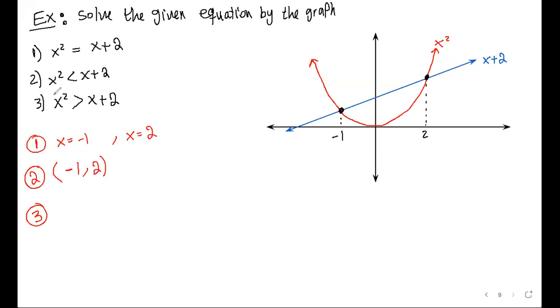when the curve x squared, the red curve, is above the second curve, x plus 2. When this curve is above the second curve, x plus 2. When the red curve is above the blue curve, which interval?